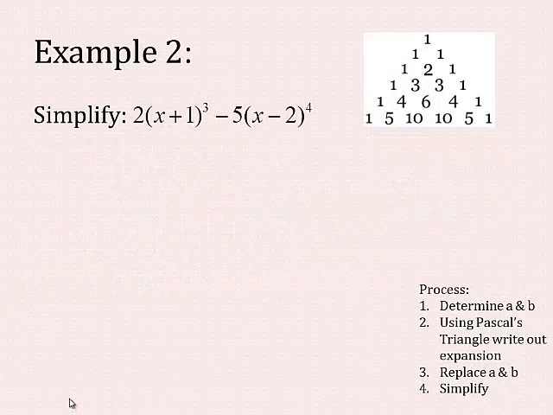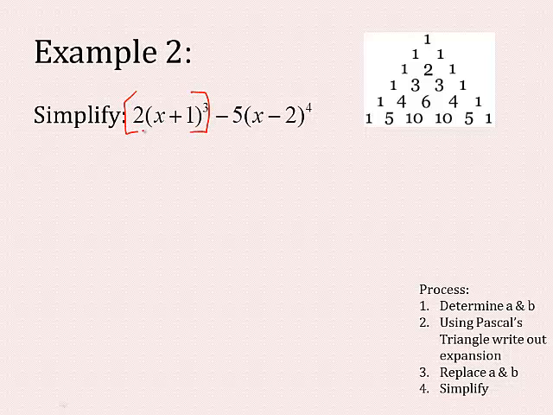Let's try another one. Now this one's more complex. You've got two things going on. You have this part of your equation and you have this part of the equation, and you're going to have to subtract the two results. So don't freak out, just take it in steps, alright? So the first thing I'm going to do is the x plus 1 cubed part. Alright, remember count your powers, 0, 1, 2, and 3.